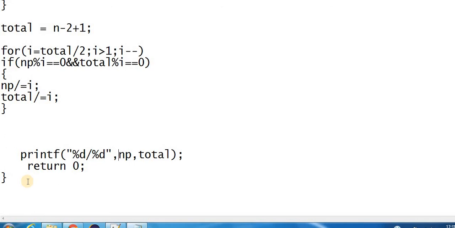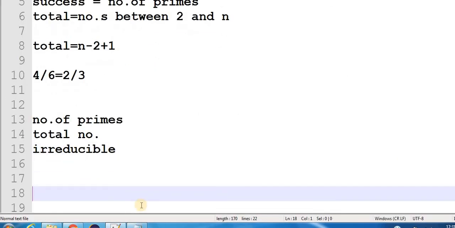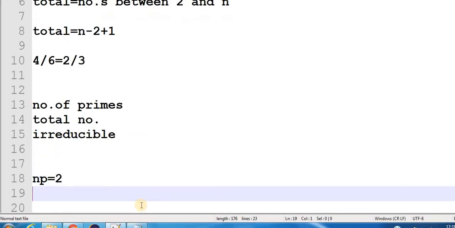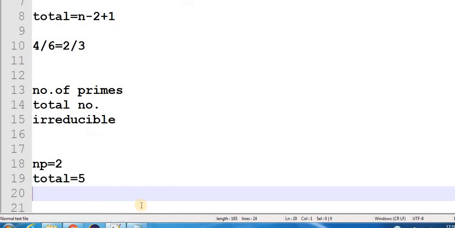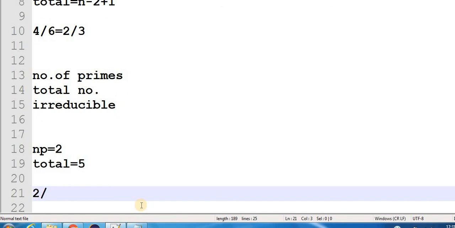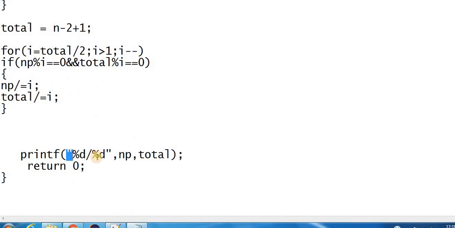That is, if we get NP equal to 2 and total equal to 5, our output should be 2 by 5. This is done by this program. And that's it. Thank you.